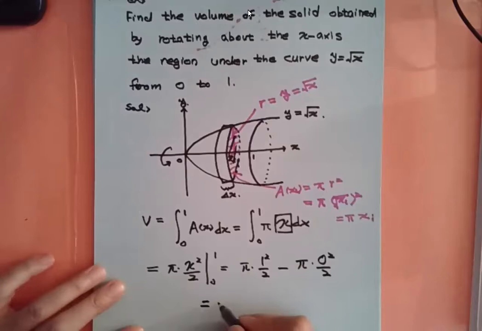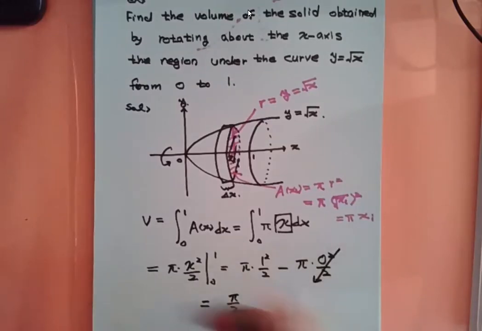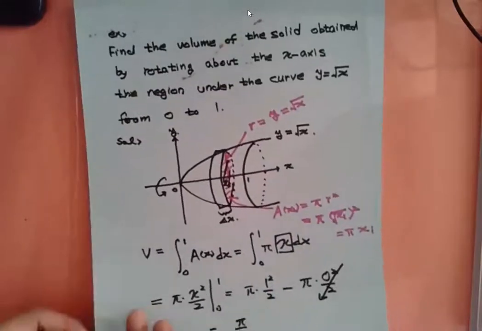So that is pi over 2. This will vanish. Any questions?